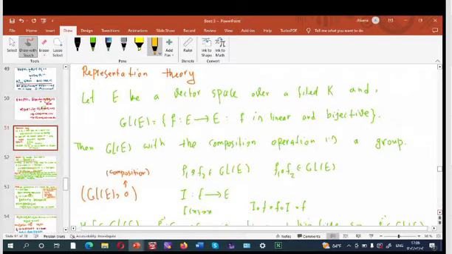GL(E) with the composition operator. In this space we have the identity map from E to E by this function rule I of x equals x, and we know that the identity map is the identity element for this group. I o f equals f o I equals f for all f in GL(E).